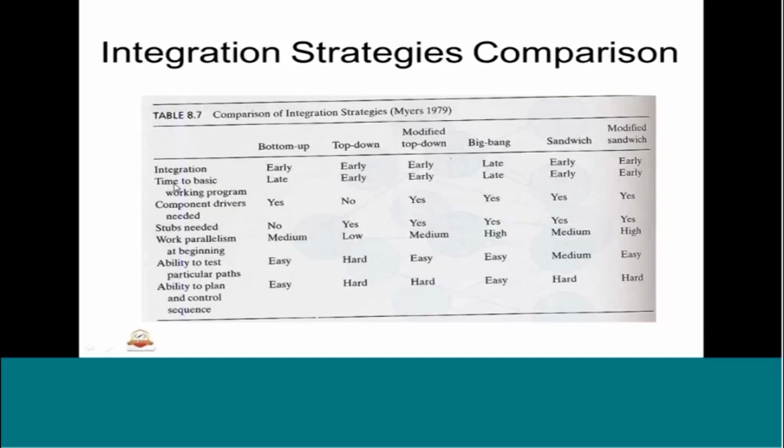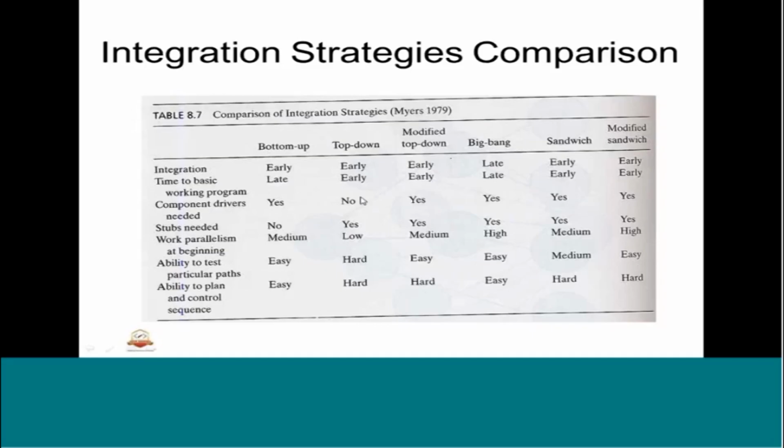Time to basic working program: bottom up is late, top down is early. Here, to have a matured working program, bottom up will be at a later stage, whereas in top down at an early stage we can get an understanding of the working system. Component drivers needed?